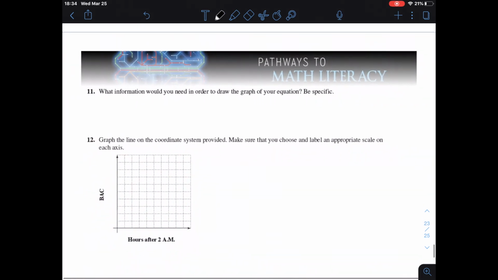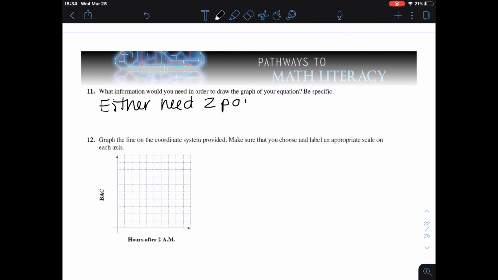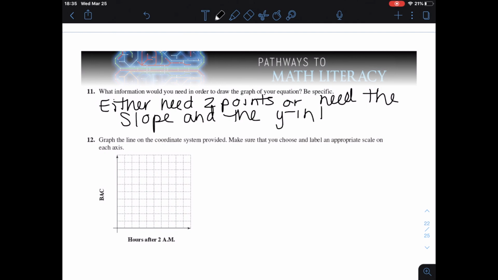You either need two points to be able to connect the dots, or you need the slope and the y-intercept. Or a point, really. Okay? If you have either of these two pieces of information, you're going to be able to graph the line. So let's give it a try.